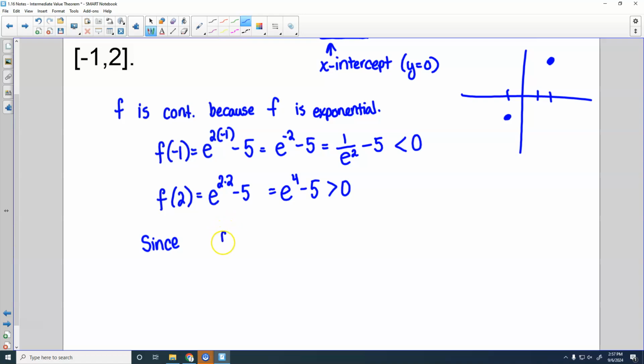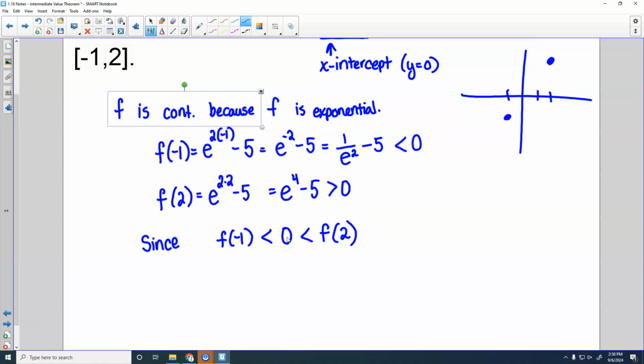So I'm going to say f of -1, which is 1 over e squared minus 5, whatever number that is, less than 0, less than f of 2. So 0 is in between these two values right here. This is some negative number right here. This is some positive number. 0 falls between it, right?